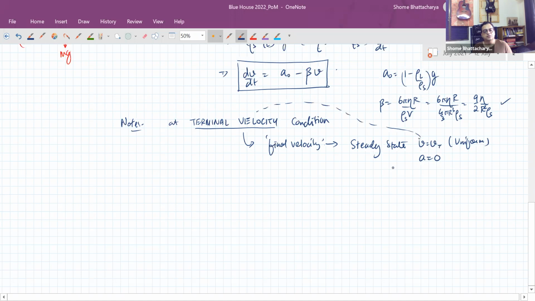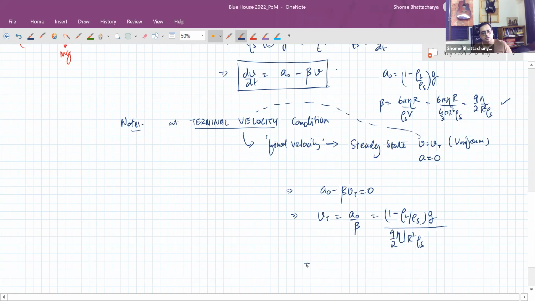So when this happens, the acceleration is zero. That means a naught minus beta into terminal velocity should be zero. So the terminal velocity by formula is a naught upon beta. So that is 1 minus this ratio of densities into g divided by this factor that we had over here, which was 9 by 2 into coefficient of viscosity divided by r square into density of the solid.